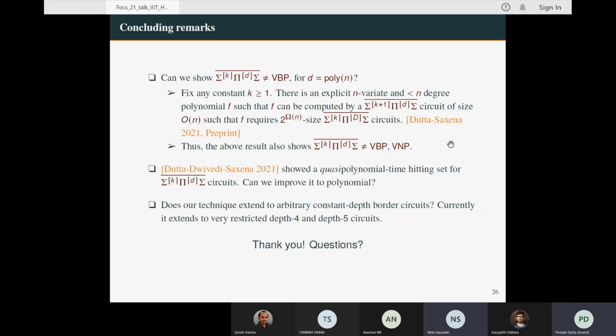You use the non-commutative closure. So sigma-pi-sigma bar has ROABP bar, and now ROABP bar is ROABP because of Nisan's. So it does not care about epsilon powers. In the pi sigma, that means a product of linear polynomials, again epsilon power does not matter. Whatever you can just take it out, so epsilon powers really do not matter in the proof.